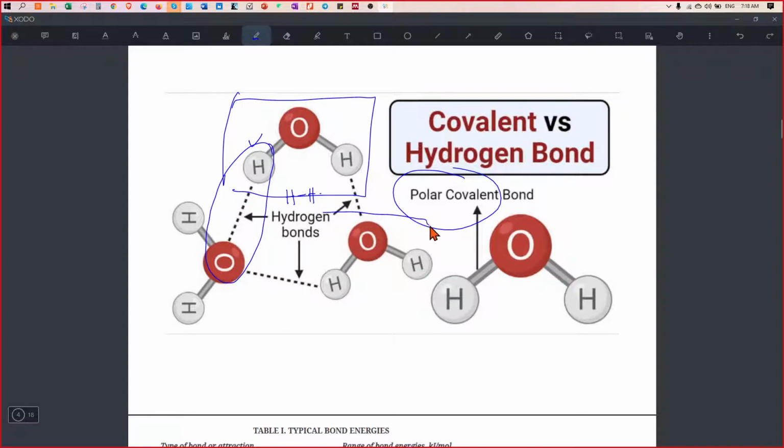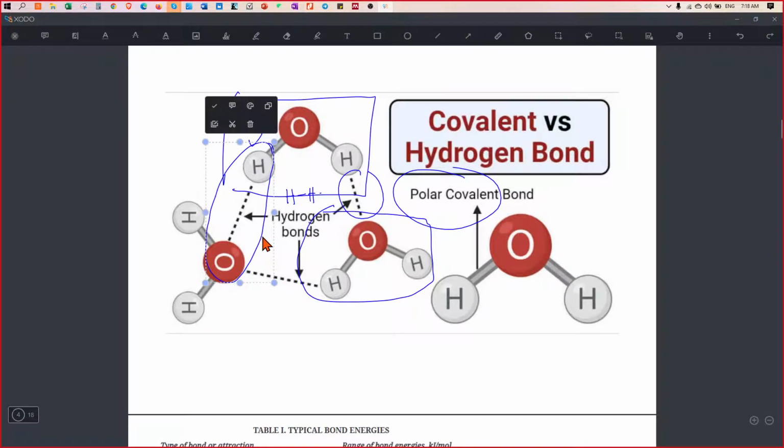So you have one water molecule here, one water molecule here, and this is actually, this is not right. Let me delete that. This is the one that we call the hydrogen bond. Okay, so the connection between the hydrogen and oxygen, this is the covalent bond.